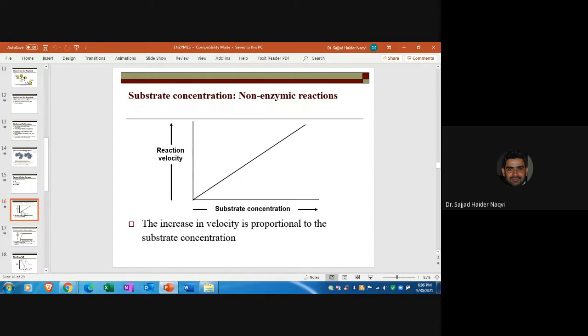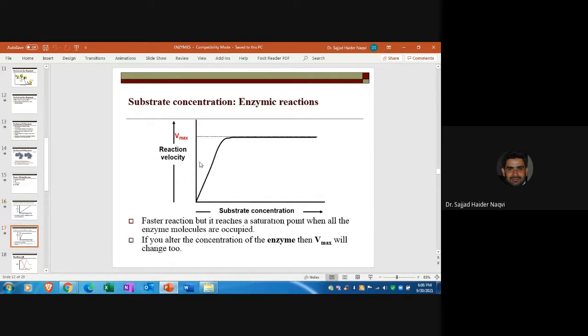That means if you keep adding substrate, the reaction velocity is going to increase and increase. But here, after a particular point, which is called the Vmax, the maximum velocity, you see a straight line coming.